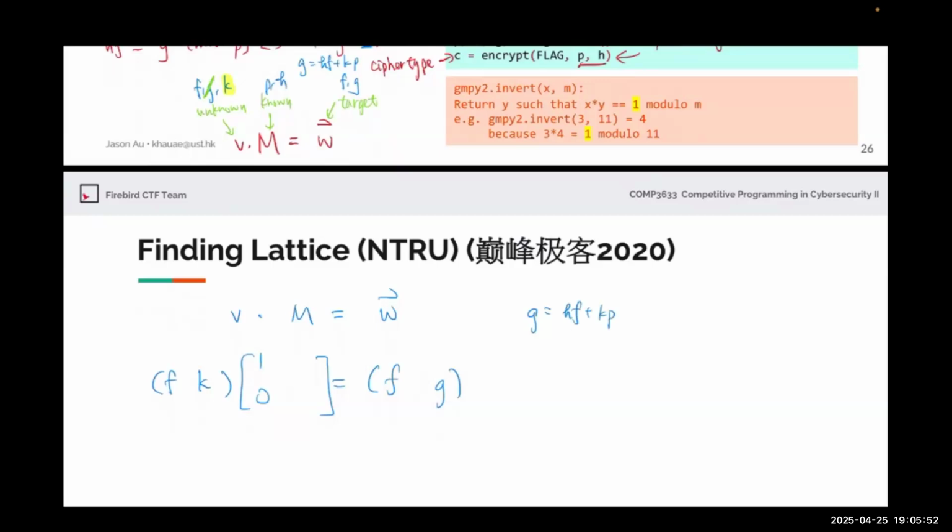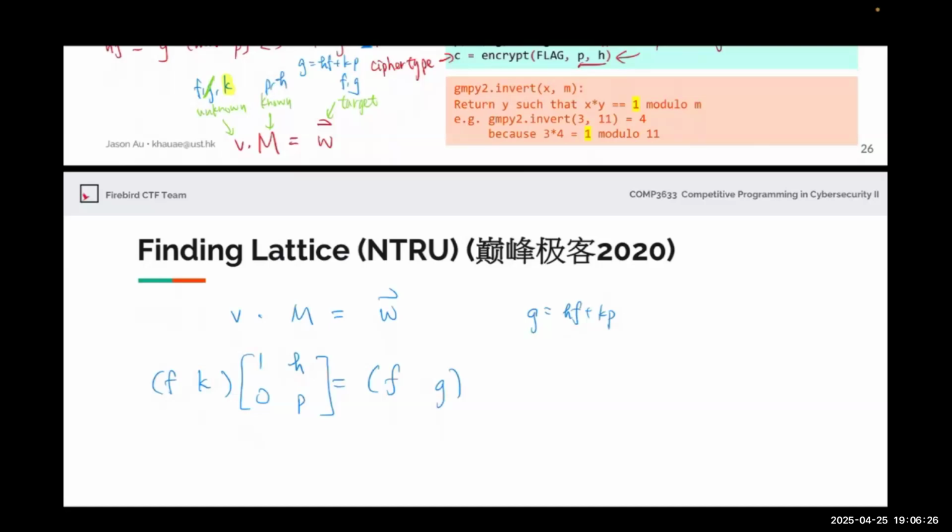So H will be multiplying F, and K will be multiplying P. Sorry, my bad.